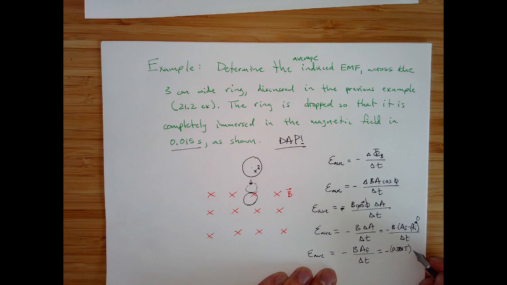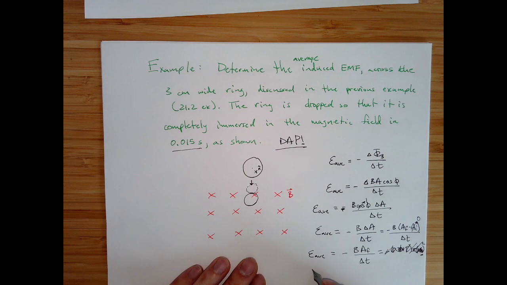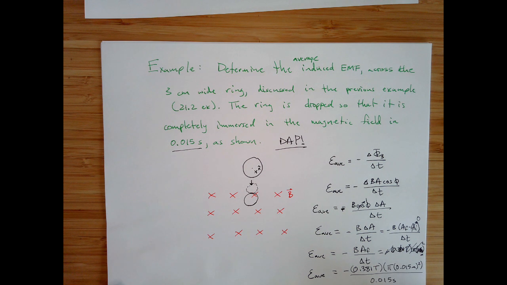And the area is pi times 0.015 meter squared. So I'll write this down there. It works out kind of nice.